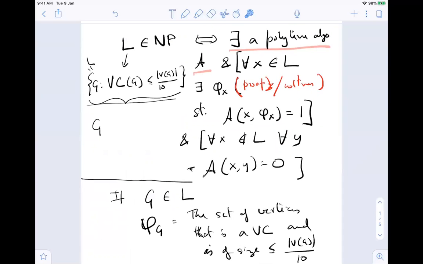The verifier's job is not to convince someone that X is not in L, but to convince someone that X is in L.